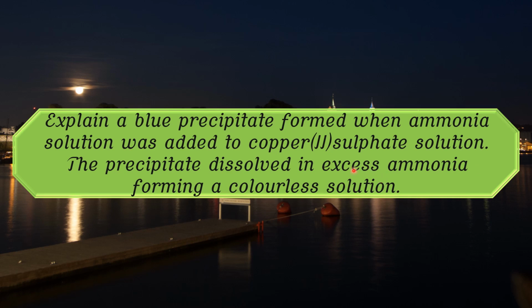We want to explain: a blue precipitate was formed when ammonia solution was added to copper(II) sulfate solution, and that blue precipitate dissolved on addition of excess ammonia to form a colorless solution.